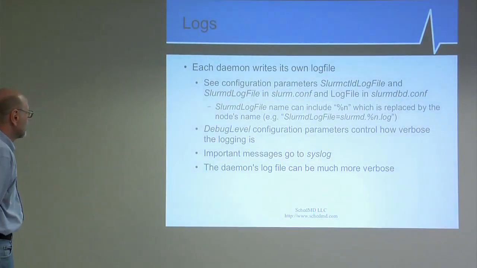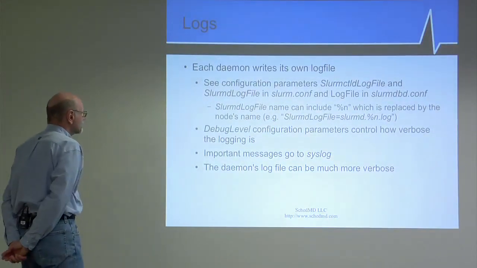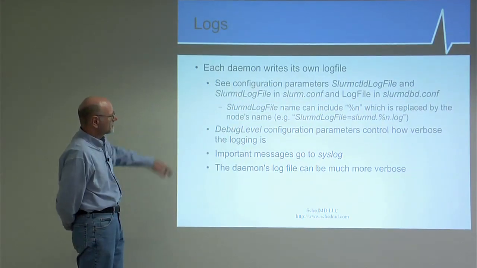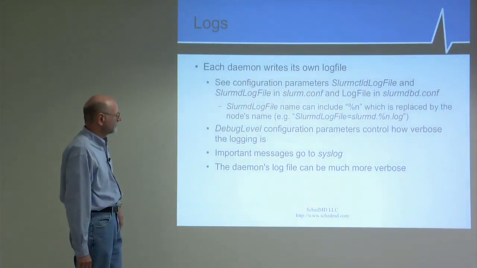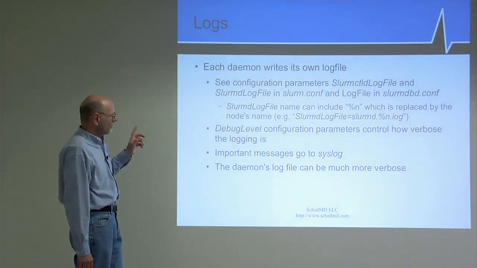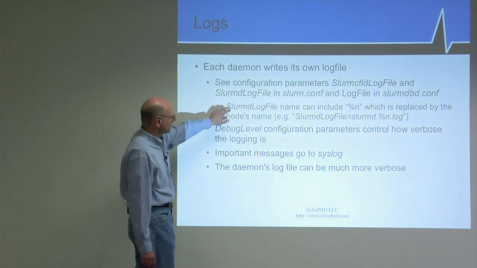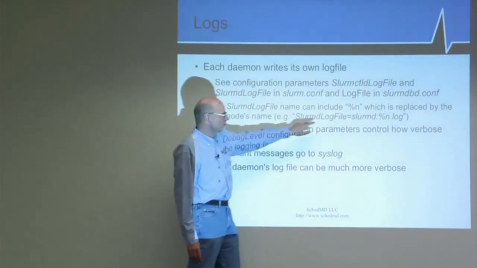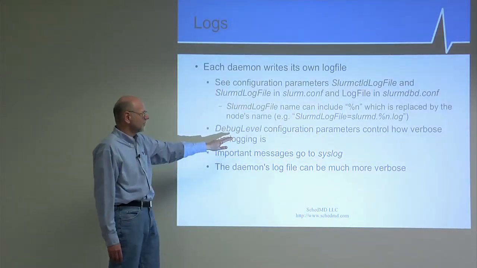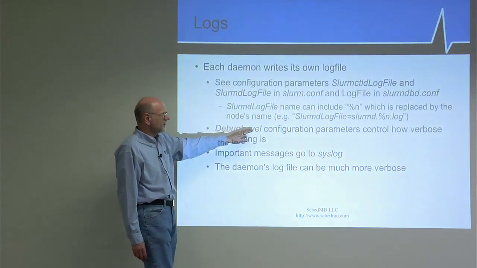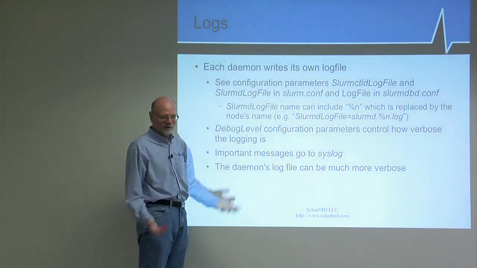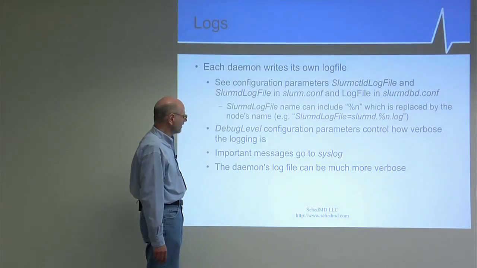Your logs: each of the daemons writes its own log file, and there are configuration parameters that say where the log file is written. One thing you should know is that the Slurmd log file names can include a %n, which is replaced by the actual node name. This is a convenient way to keep track of where the log is from.